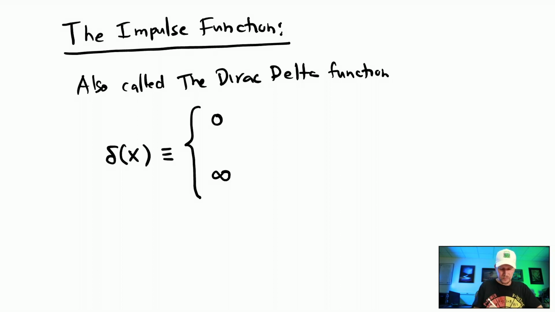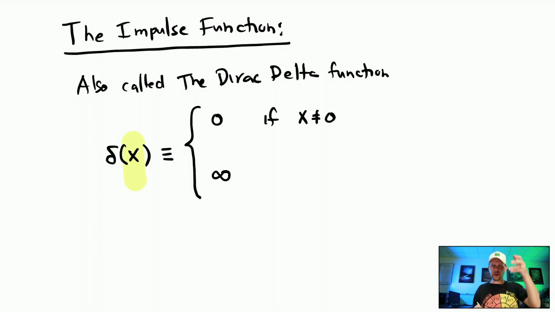Now, it will take on the value of 0 whenever the argument inside of the delta function is something other than 0, right? So over here, this is if x is not equal to 0.